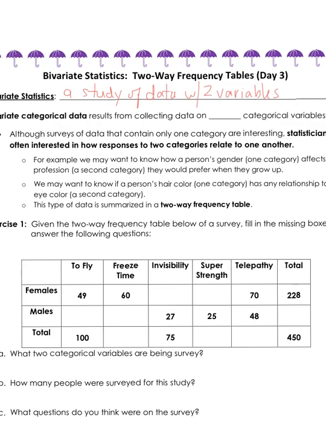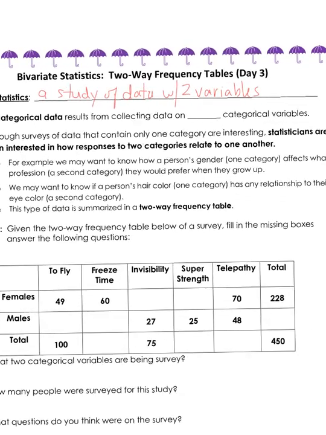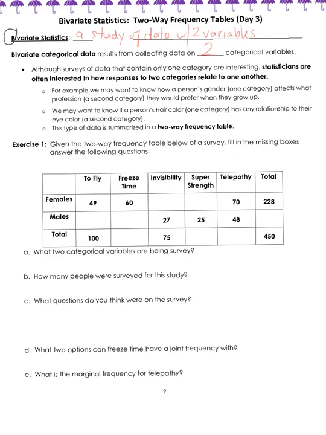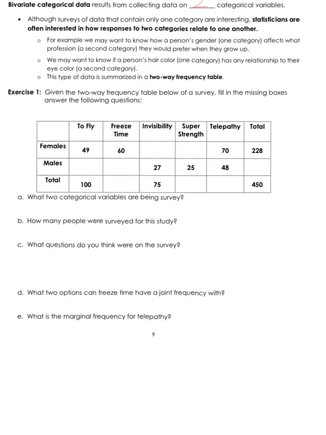Bivariate categorical data results from collecting data on, as we just said, two categorical variables. Okay, so I'm going to jump down to two-way frequency table. You can see in example 1, we have a two-way frequency table, and that wording is right there.